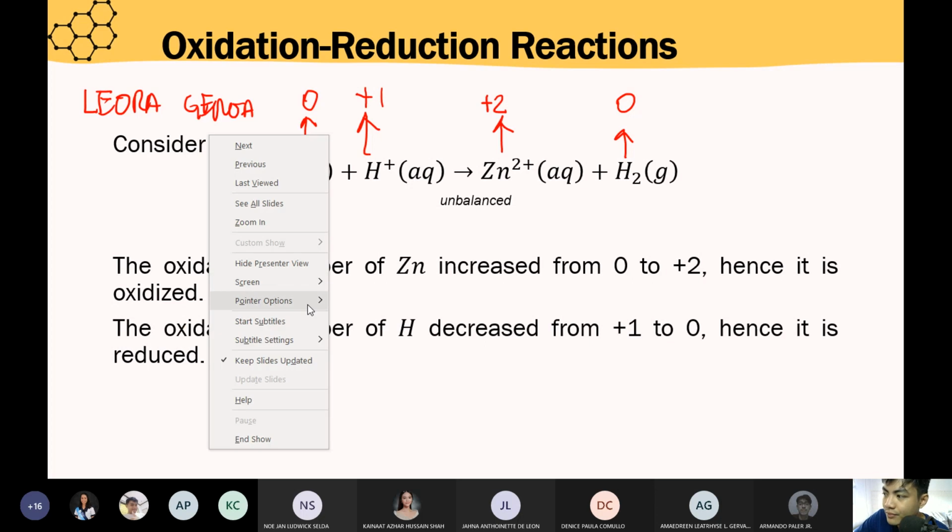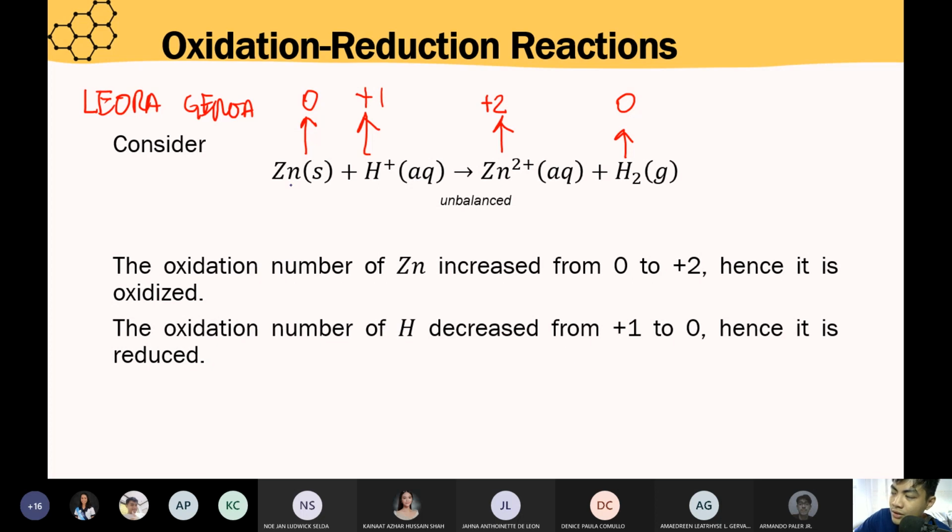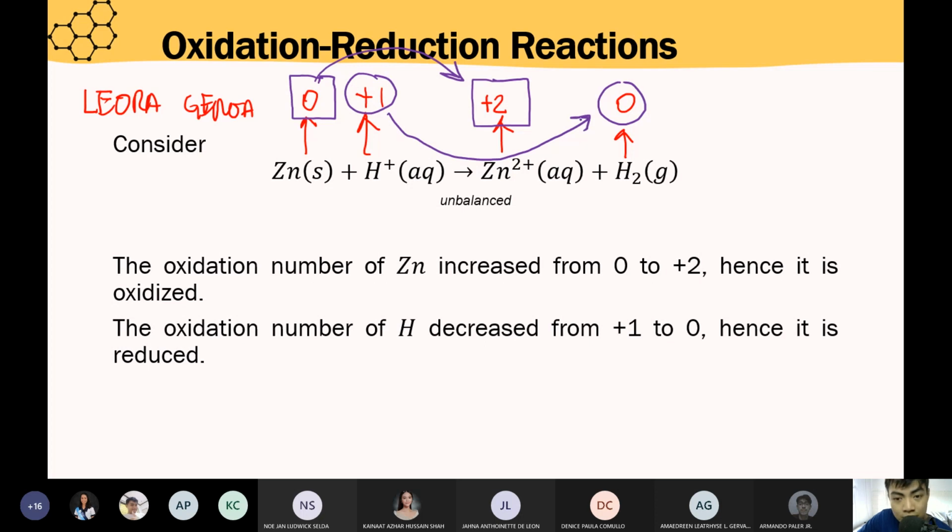Okay? So now, let us track the changes in the oxidation number. So yung zinc, what happened kay zinc? From 0, naging positive 2 siya. So, yung 0, naging positive 2. Okay? About hydrogen. From positive 1, naging 0.